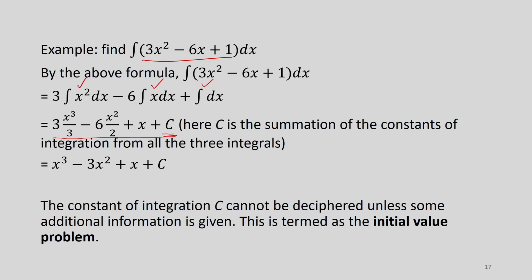What we have done is assume that this single constant is the summation of all these 3 constants. Since these are arbitrary constants, I can do that, because c is undefined, it is just a constant. All right, in the next step I am simplifying this, 3 and 3 will get cancelled. So, only x^3 minus 3x^2 plus x plus the constant of integration.